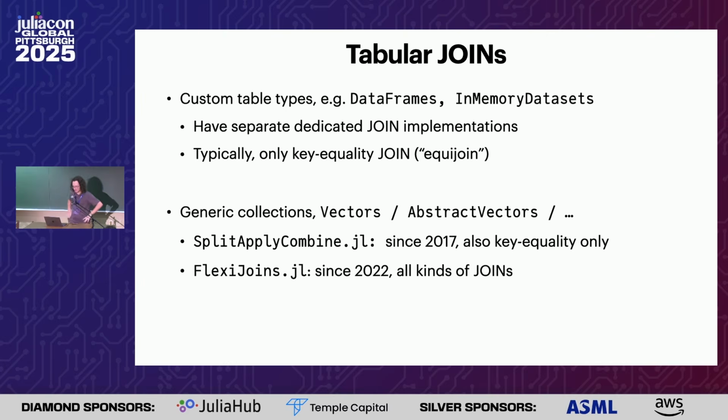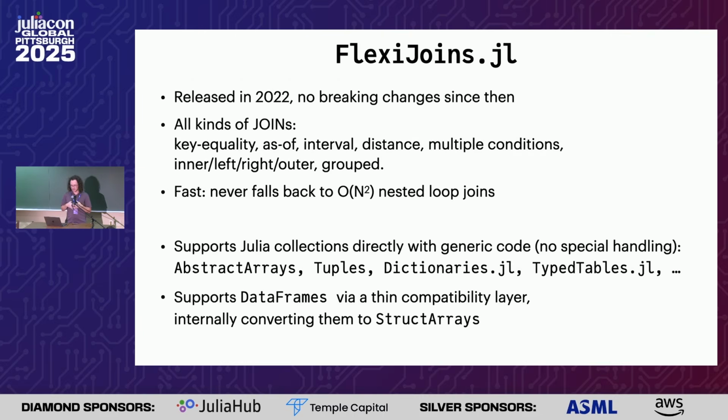And I created FlexiJoins in 2022. The aim here is to support all kinds of datasets, all kinds of joins, with a performant and uniform interface. Since the release in 2022, there were no breaking changes, no breaking version bumps at all.